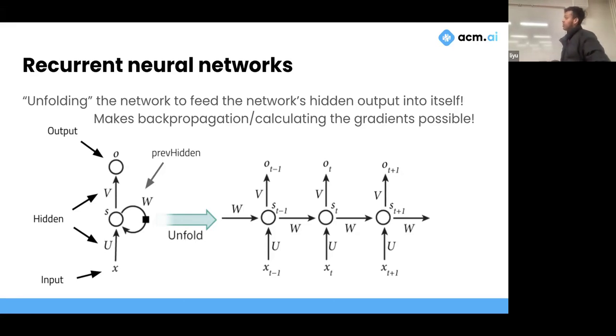One big problem with recurrent neural networks is that they're really bad with long-term dependencies. If you have a really long piece of text, it's really hard for the recurrent neural network to take into account the word or the semantic meaning at the beginning of your passage, because of this recurrence relation.